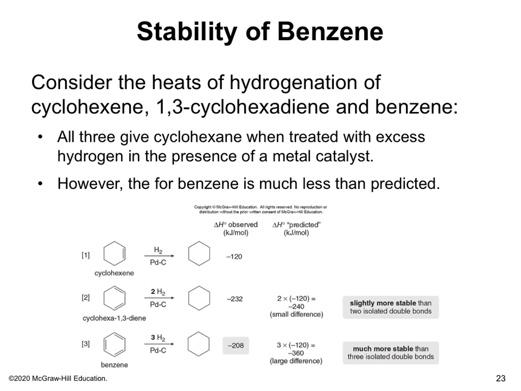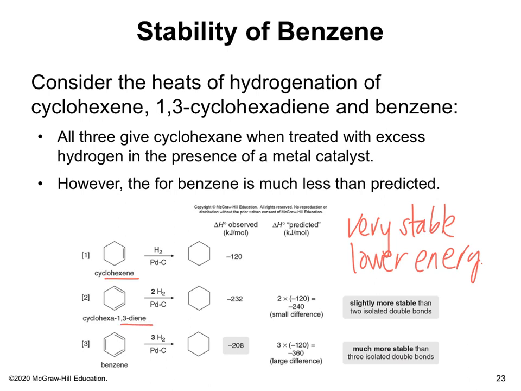Okay, so benzene is aromatic, and it's very stable, so it has very low energy. If you take benzene versus the diene versus cyclohexane and do catalytic hydrogenation, you get the same cycloalkane, and then you can measure the difference.